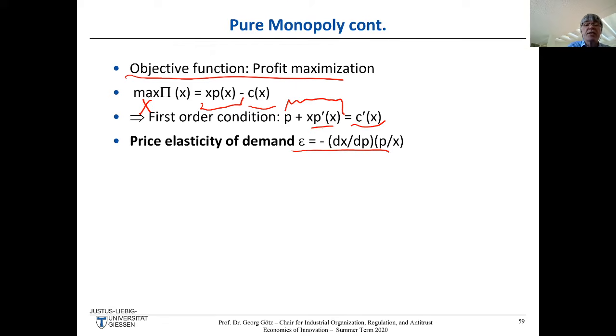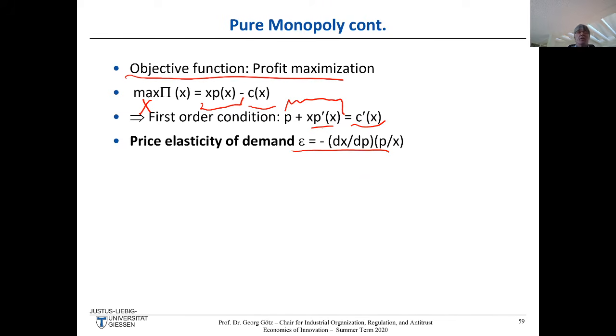Of course, we can slightly rearrange that by using the price elasticity of demand, which is simply defined as it is written here: dx over dp, that's the derivative of the demand function, times p over x.